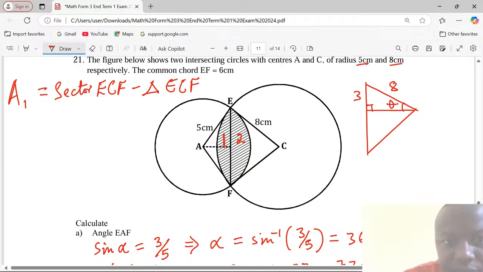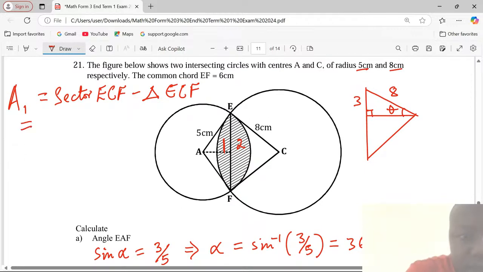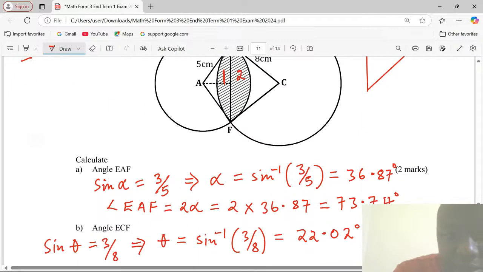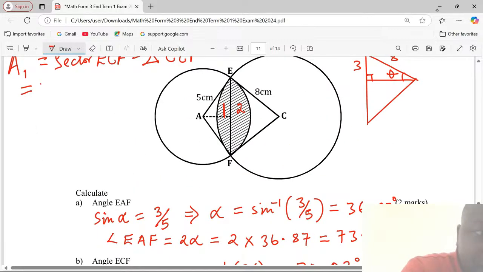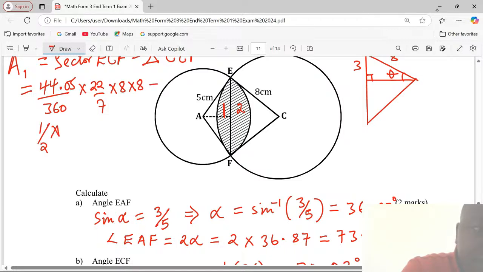Therefore, for the segment 1 here, the small segment, I need theta over 360, so 44.05 over 360 pi r squared minus half 8 by 8 sine 44.05.